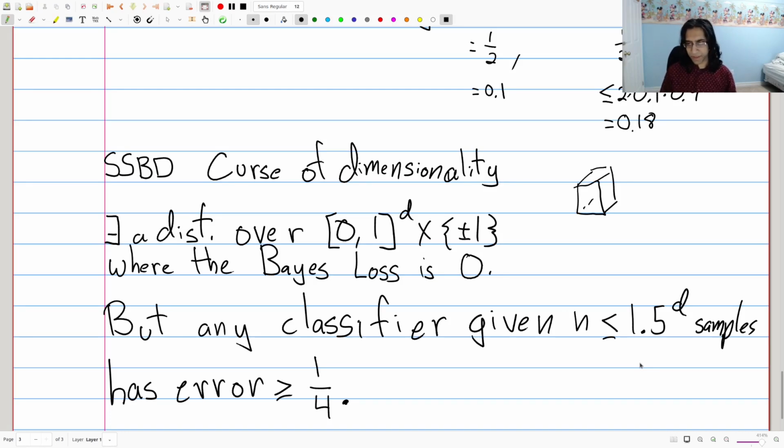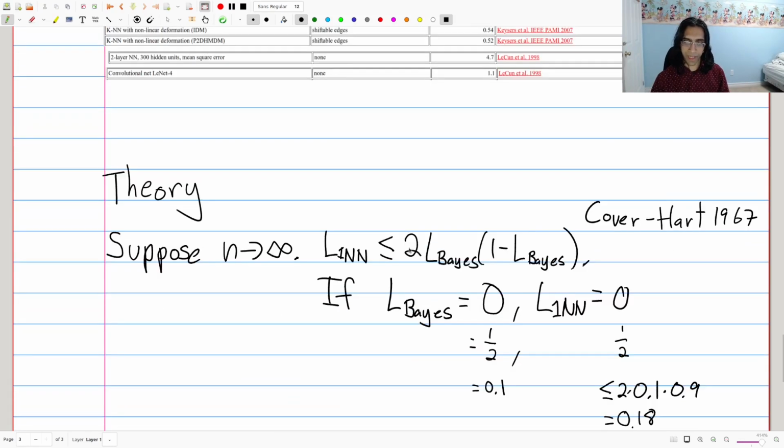So what does this tell us? This was just a theorem for theory's sake, but what can we understand about it? It implies that these theorems about how well we approximate the Bayes classifier either only apply in low dimensional settings or when the number of points gets very, very large. Otherwise, it's not really meaningful.